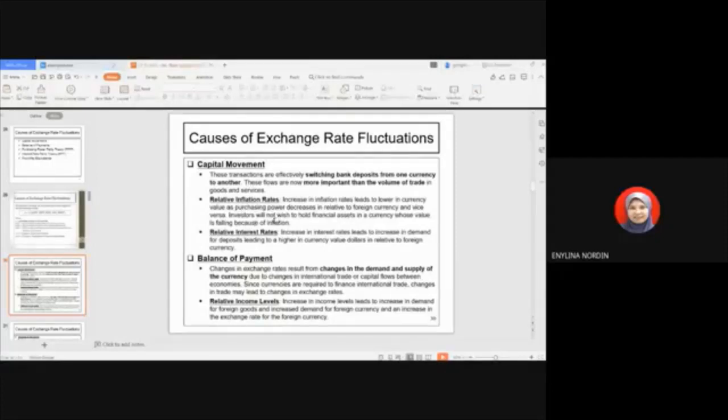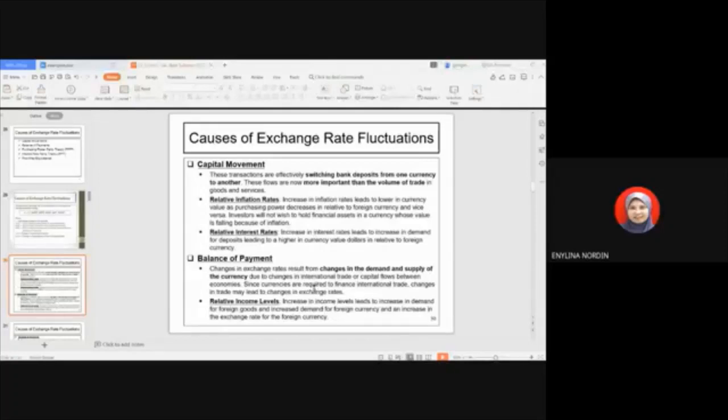Changes in the inflation rate will influence the decision making that leads to capital movement. For example, a country with a lower inflation rate will lead to an appreciation of the currency.